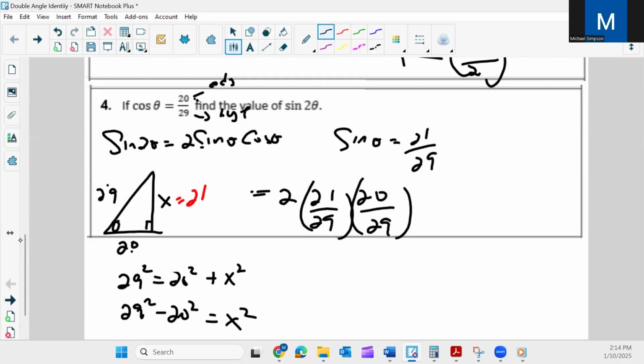Use the calculator to give a decimal: approximately 0.99. Make sure you know that if you're given one trig function, you can find another. Draw the right triangle, plug in the values, and find the missing side. That's just basic. Let's go back to algebra 1.